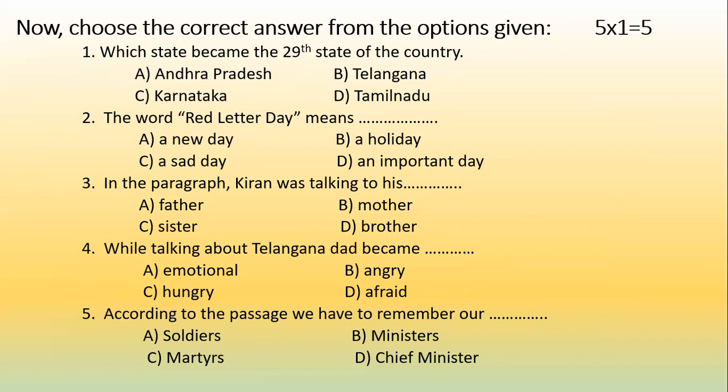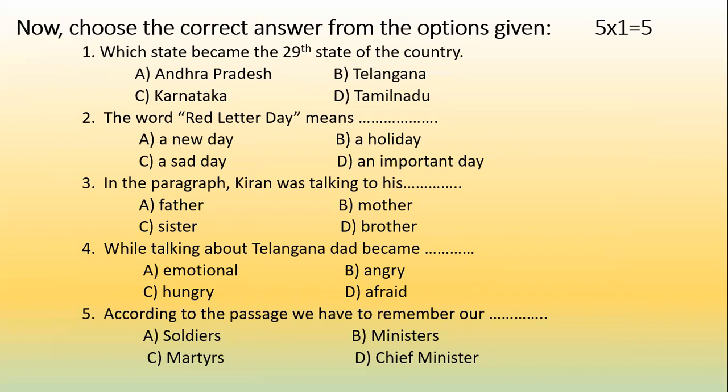So in your answer booklet, what you have to write? Write your name, your roll number, your class and section. Write the question number, section A, and write the question number 1. And write B, Telangana. That's all. Second one. The word red letter day means: A, a new day, B, a holiday, C, a sad day, D, an important day.